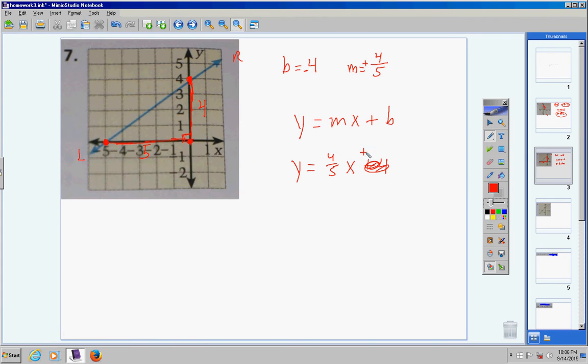We don't do that, okay? That's not simplified. If this would have been a negative 4 right here, then you just put negative 4. It's a positive 4, so we just put positive 4. And there is the answer, okay? Alright, moving on to number 9.